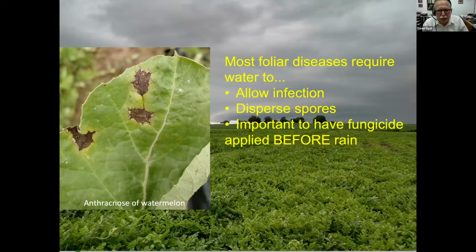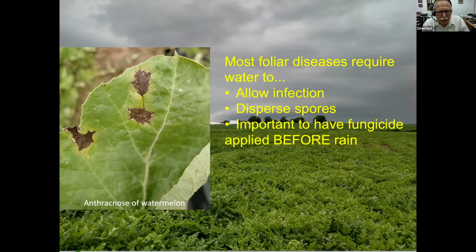Most foliar diseases, and this is the critical point here, most foliar diseases require water on the leaf surface, because you have to have water to allow those spores to infect the leaf. So I show a photo of anthracnose of watermelon here, but I could show many different foliar diseases of vegetables where water is required for that infection to occur.